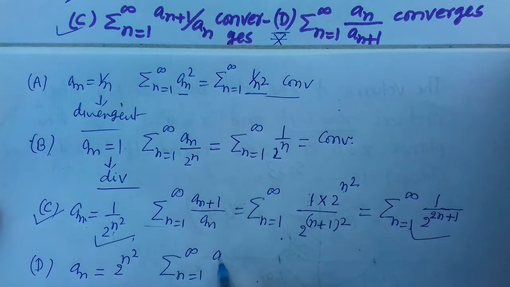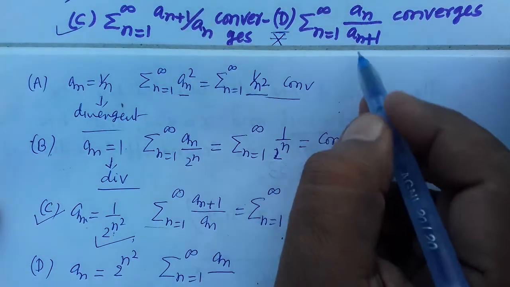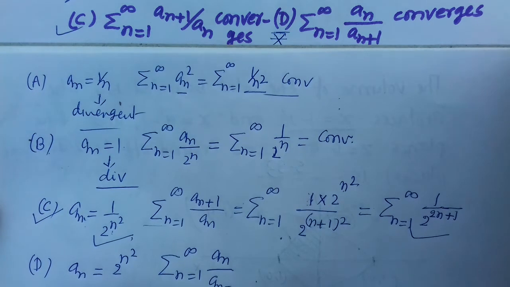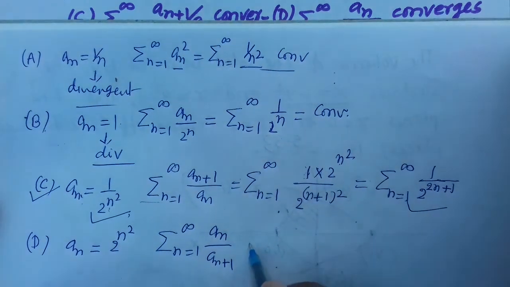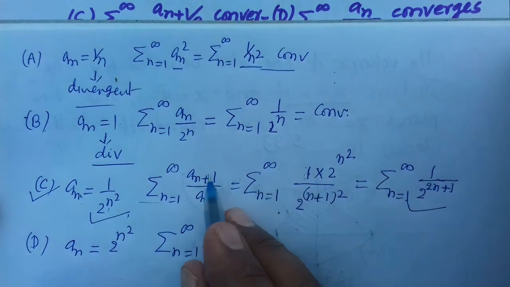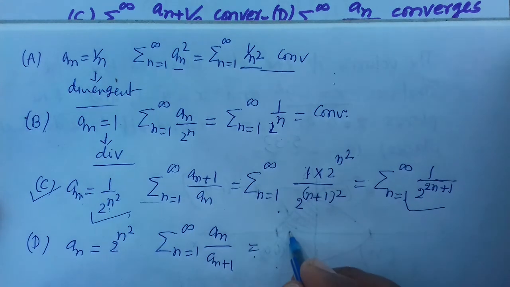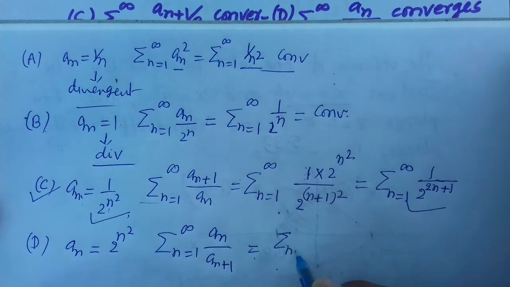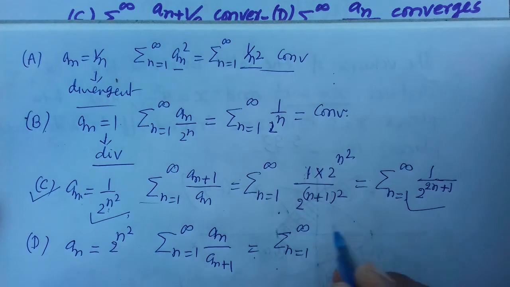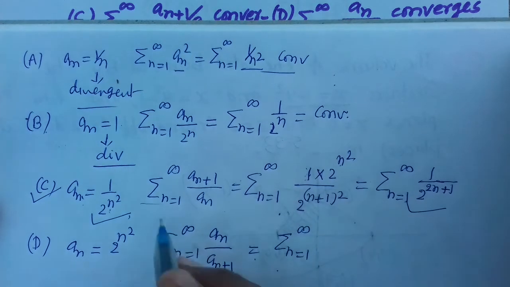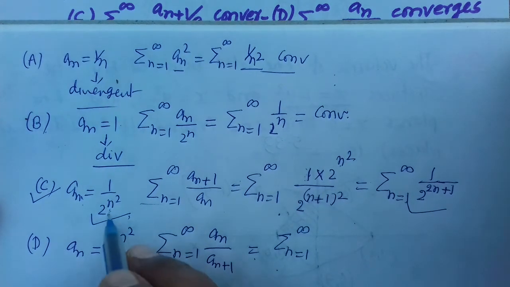You see in the option a_n by a_(n+1), and you see that this is the reciprocal of this thing, and if you find it, then you will get the same thing, because here you see the reciprocal.